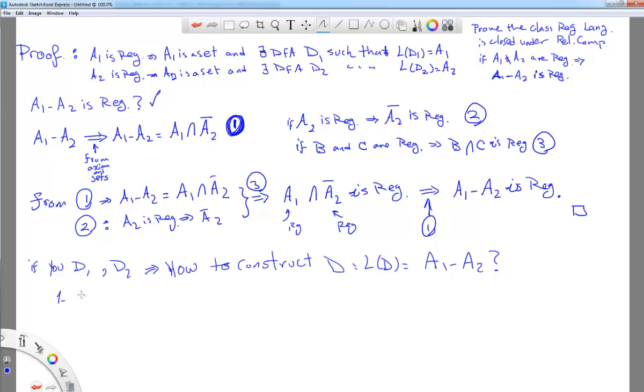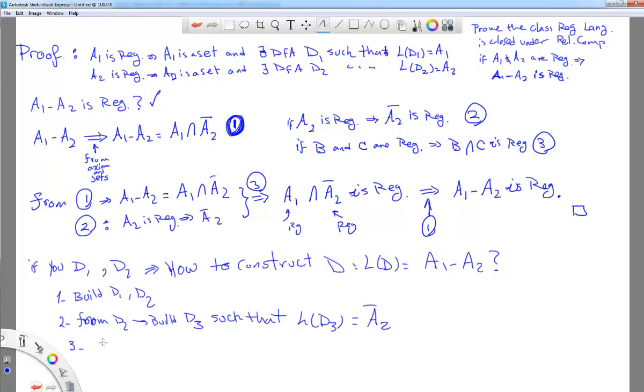Step number 1, build D sub 1, which we already have, and D sub 2, which we already have. Step number 2, from D sub 2, build D sub 3 such that L of D sub 3 is equal to the complement of A sub 2.